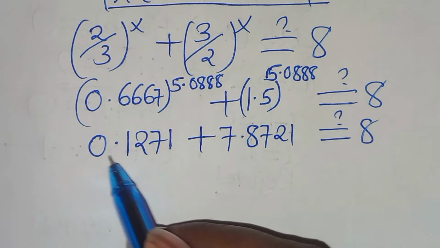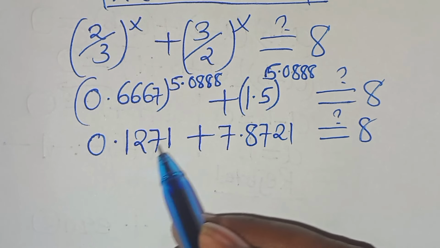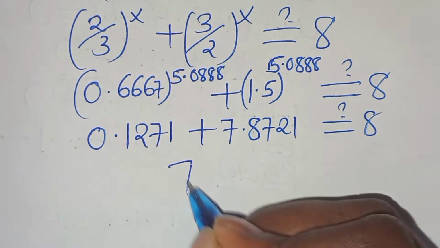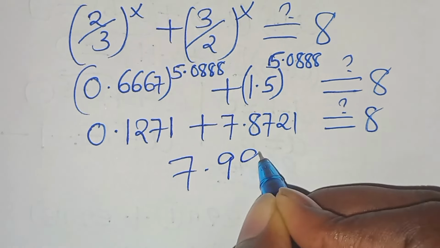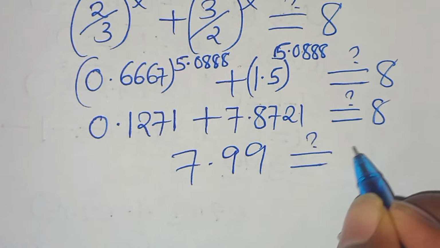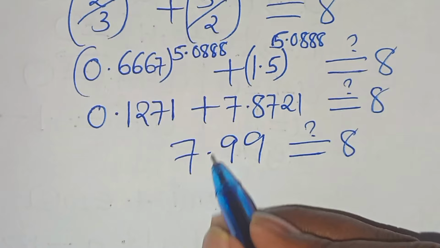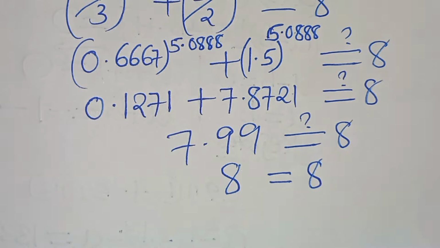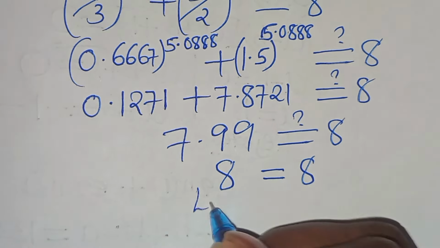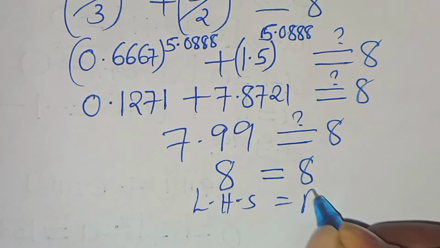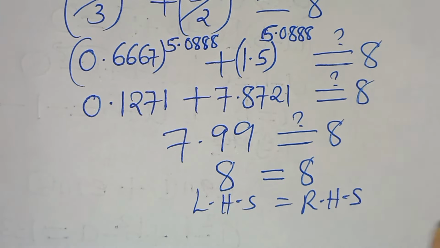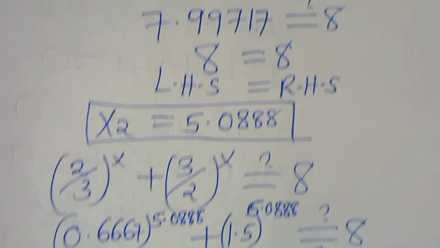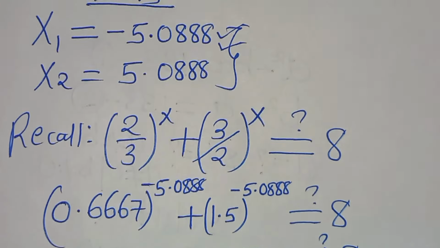If you sum these two, that is 0.1271 plus 7.8721, this is equal to 7.99, which is equal to 8. Remember, if you round off, we have that 8 is equal to 8. This proves that the left-hand side is equal to the right-hand side, and this again proves that x2 satisfies the equation.